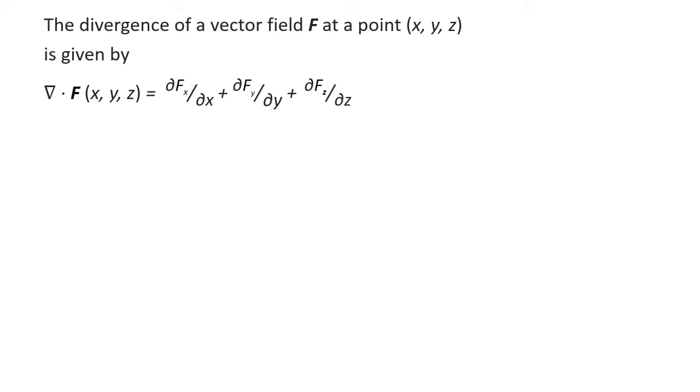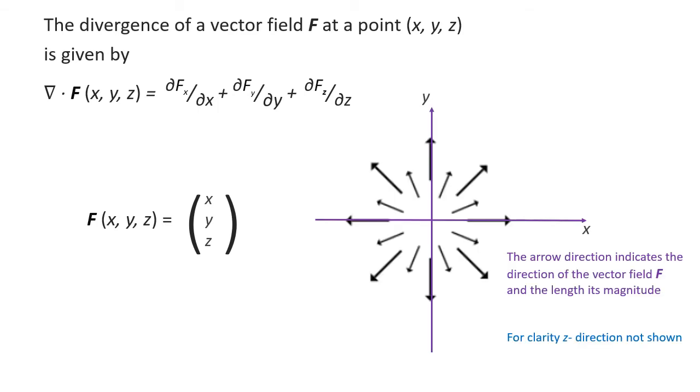Mathematically, it can be shown that the divergence of a vector field is equal to the sum of the partial derivatives at that particular point. So if we take an example, a simple vector field where the x component is x, the y component is y, and the z component is z. What we'd see with this vector field is the further away we go from the origin, the stronger the vector field is.